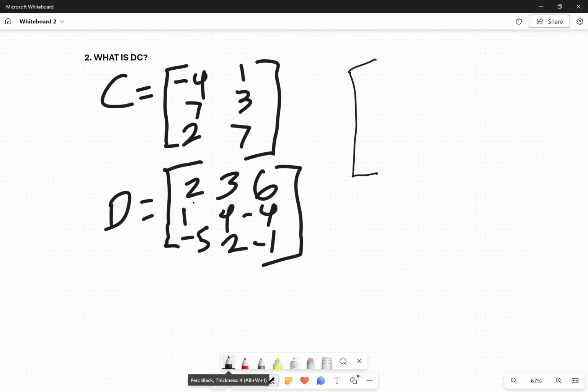So, like I said, we're starting with the rows in D, so 2 is our first number in our first row, and we're multiplying it by -4. So 2 times -4 is -8. And then we go to our second number, just like we did before, and our second number here, 3 times 7 is 21. And then we have to do the same thing again, but now we have a third number.